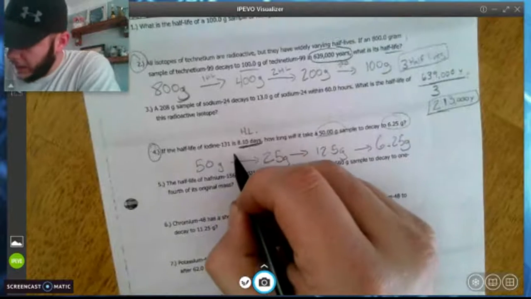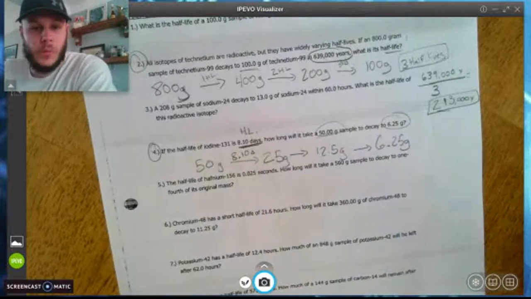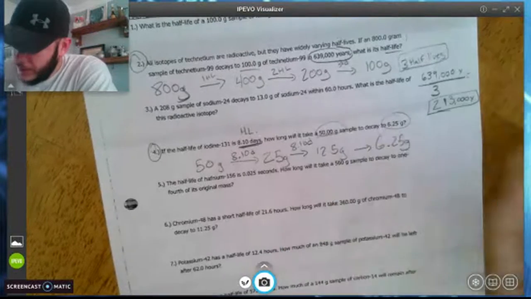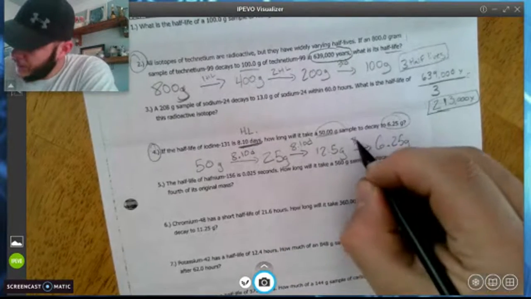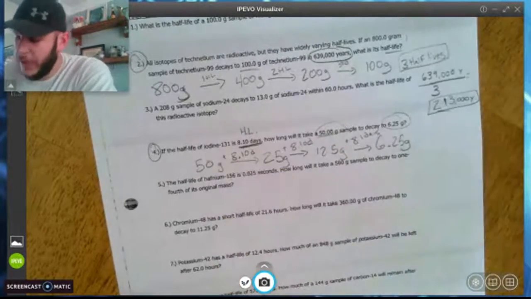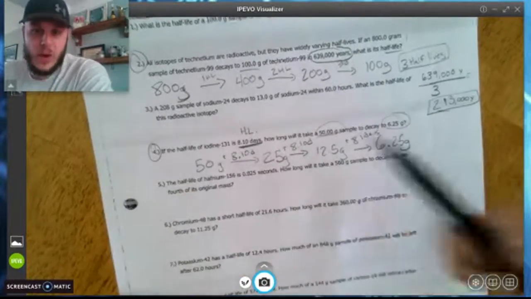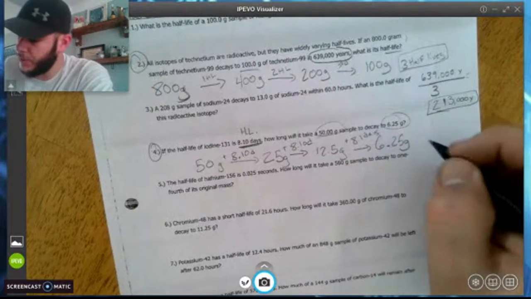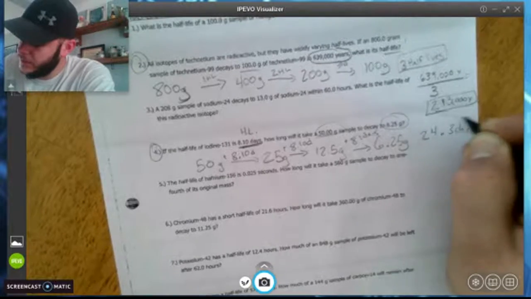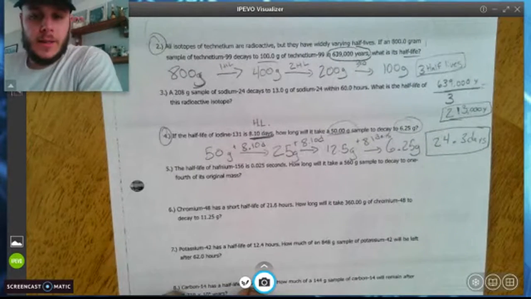Well, for those of you that like it when I go step by step, it took 8.1 days to do that, 8.1 days to do that, and 8.1 days to do that. Yes, you could have just done 8.1 times 3, but I'm showing you how I get to that actual number. So that would be 24.3 days. Okay? All right.